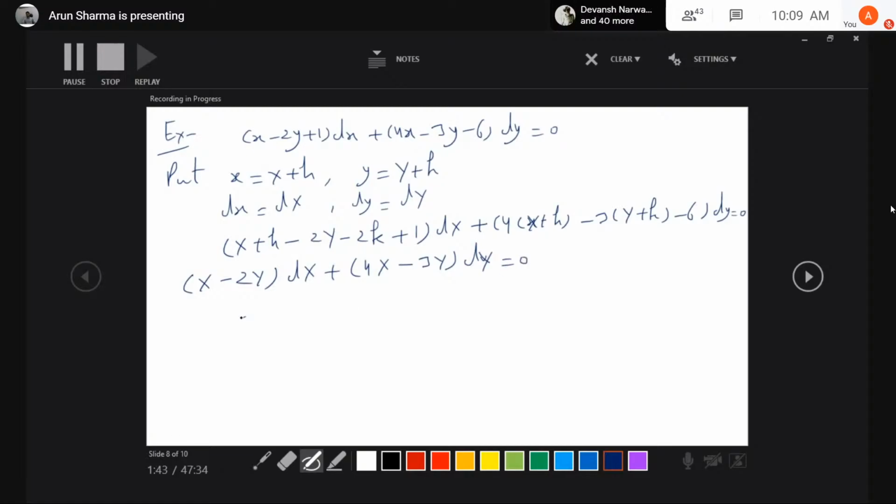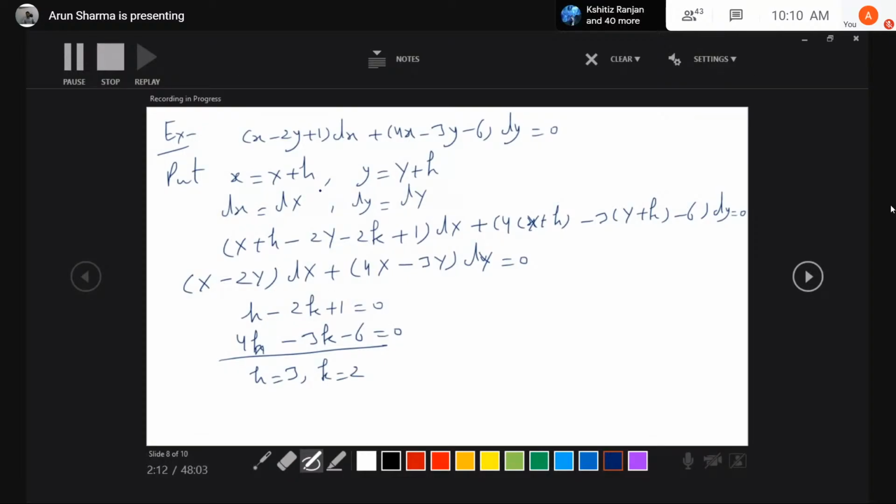And put h minus 2k plus 1 equals to 0 and 4h minus 3k minus 6 equals to 0. If you solve these two, you will get h equals to 3 and I think k equals to 2.